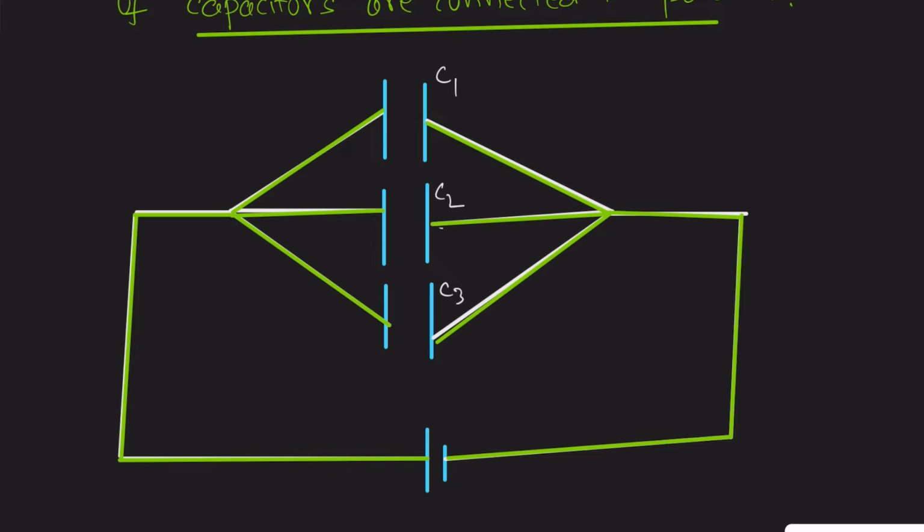Now let the potential of the battery be V. From the positive terminal, positive charge is moving. At this point, the charge is divided into three parts. Some part of the charge moves along C1, some part along C2, and the remaining part of the charge moves along C3.